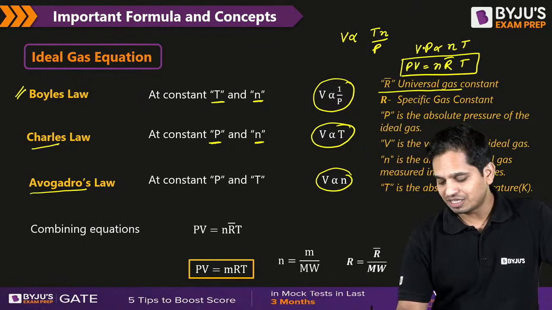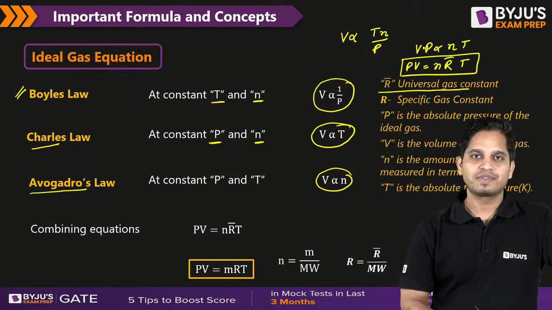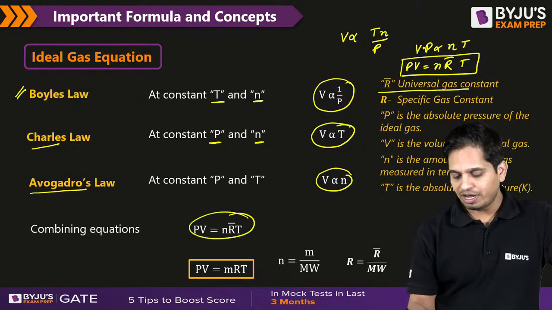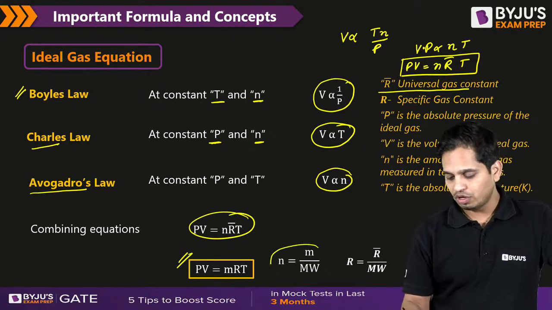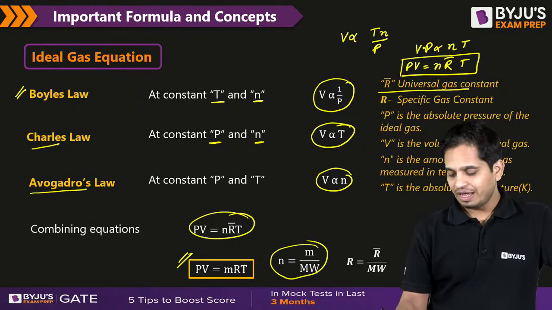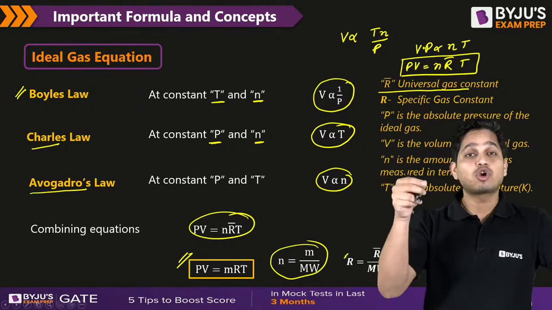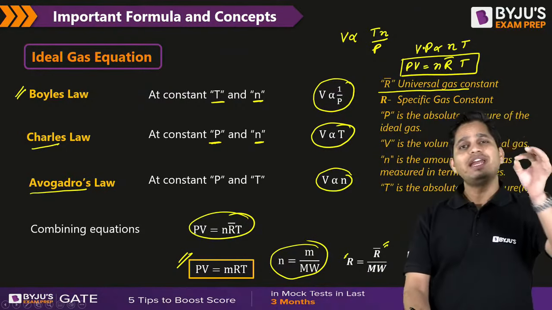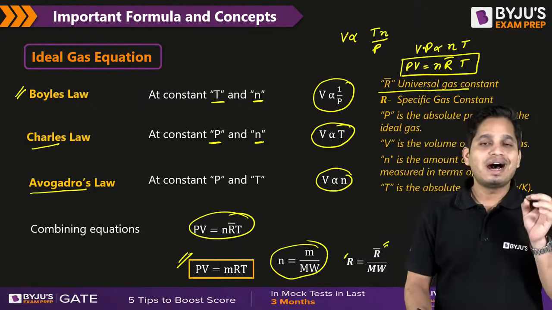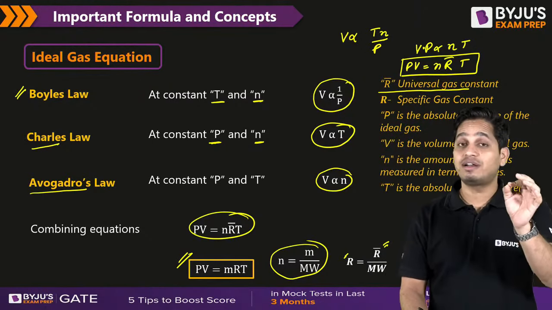R bar is the universal gas constant. Now I can also modify this, where n is equal to mass upon molecular weight, and the characteristic gas constant is R upon molecular weight. Very, very, very important.